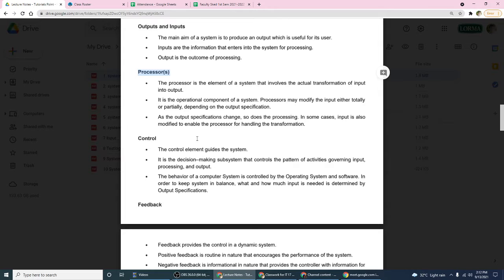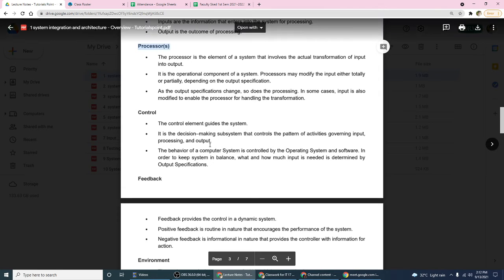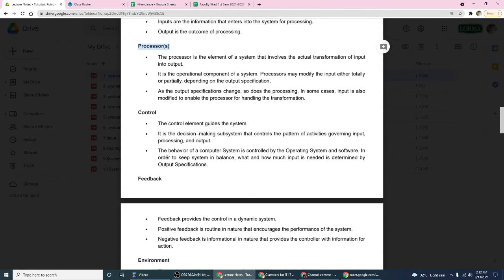And then we have the control. So the control element guides the system. It is the decision-making subsystem that controls the pattern of the activities governing input, processing, and output. The behavior of a computer system is controlled by the operating system and software.